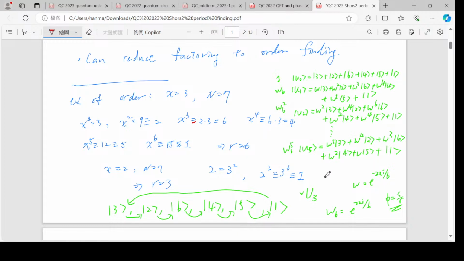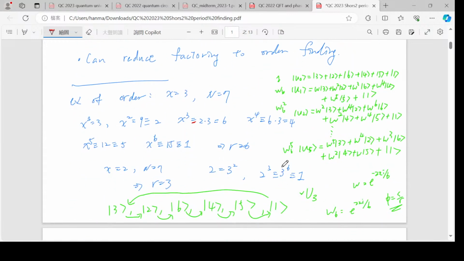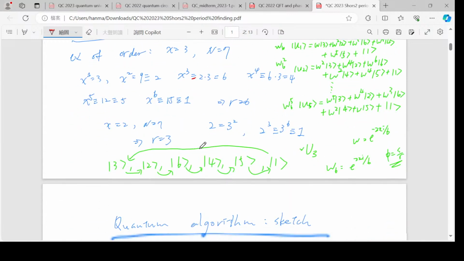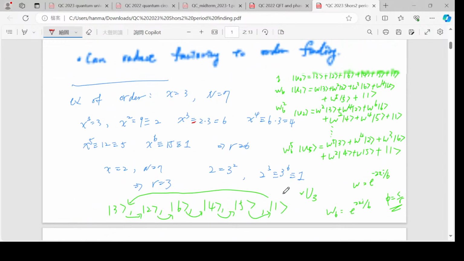In more general terms, we have r states here, and we find r eigenstates that are superpositions of those r states with different powers of omega. And the eigenvalue will be e to the 2 pi i s over r. And so the phase here will be s over r.